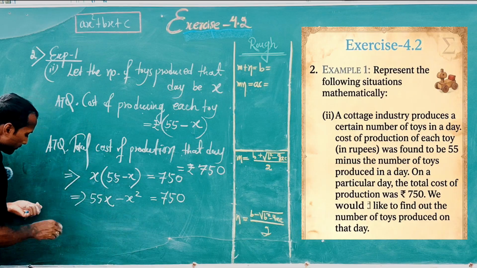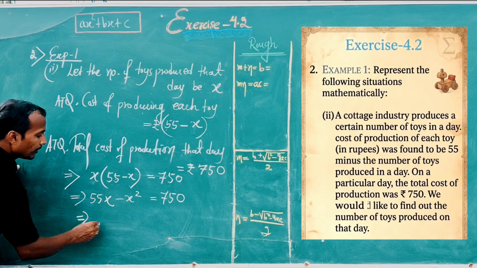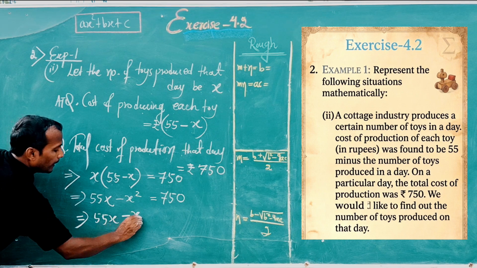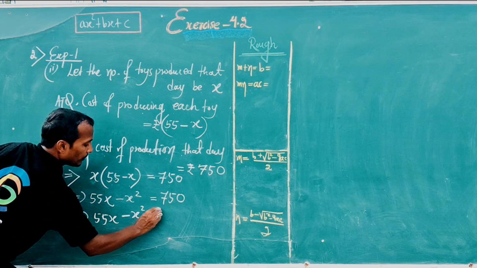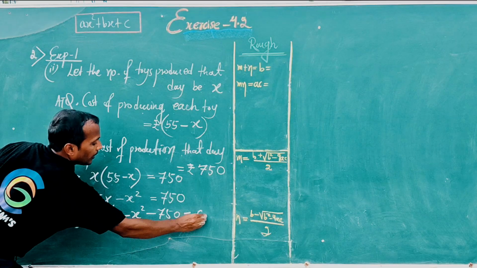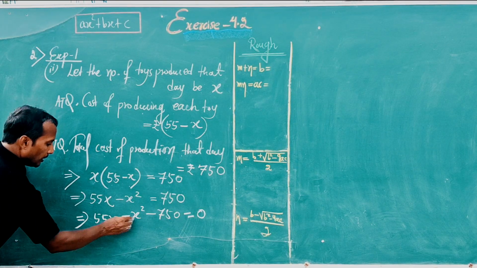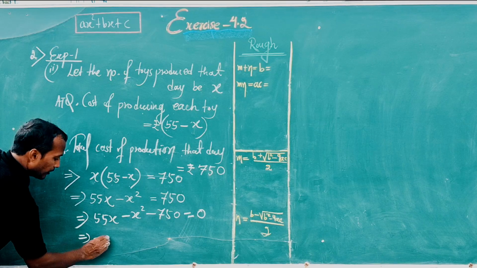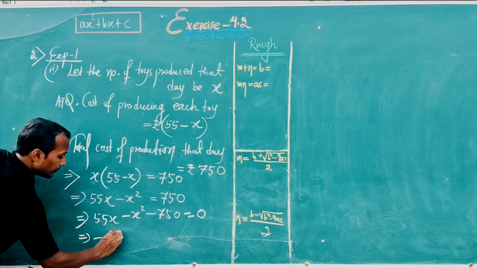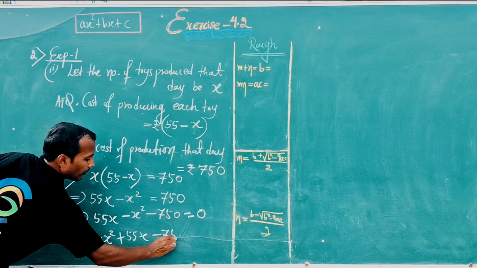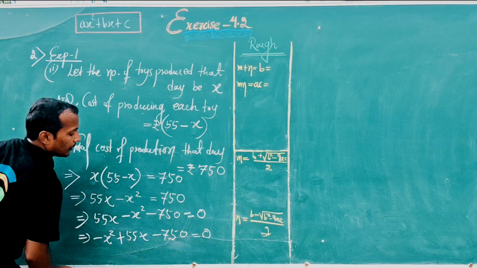Okay. Now 55X, let me copy as it is, minus X square, let me copy as it is. 750 comes to the left side, becomes minus 750 equals 0. Now I must arrange it in standard form. First term ax square means minus x square, then bx means plus 55x, then minus 750 equals 0.